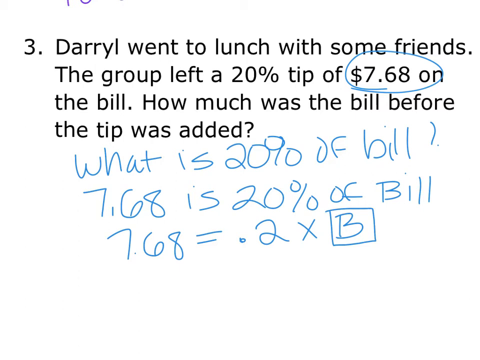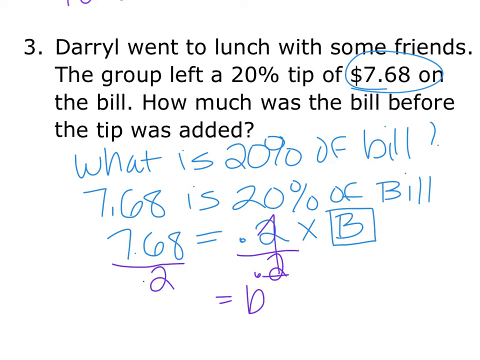So we can't just multiply to find the answer. We have to isolate our variable in this case. To isolate a variable, we do the opposite operation. So in this case, I'm going to divide this side of the equation by 0.2 to get my variable by itself. But whatever I do to one side of the equation, I have to do to the other.